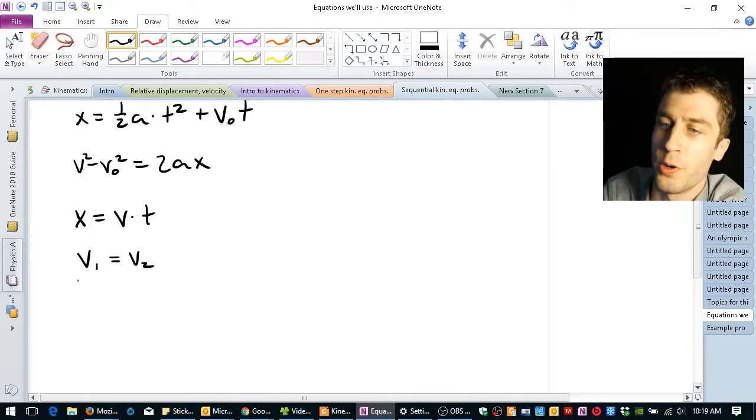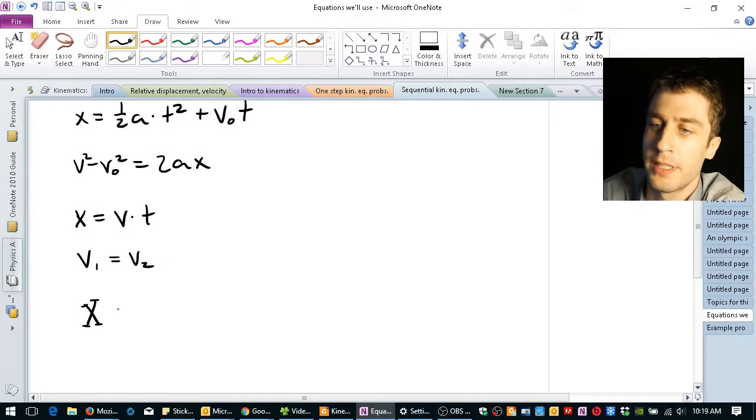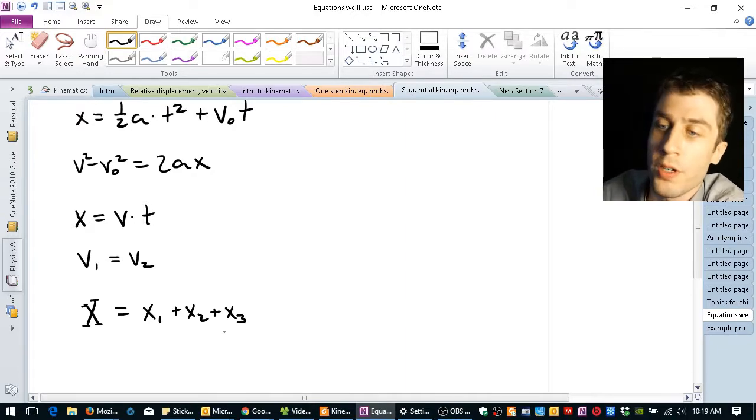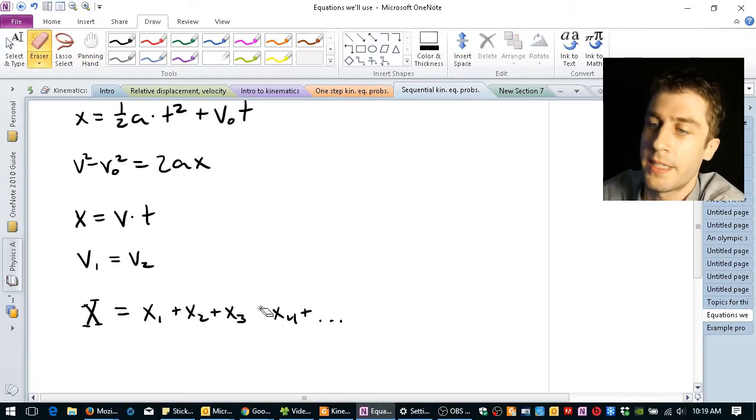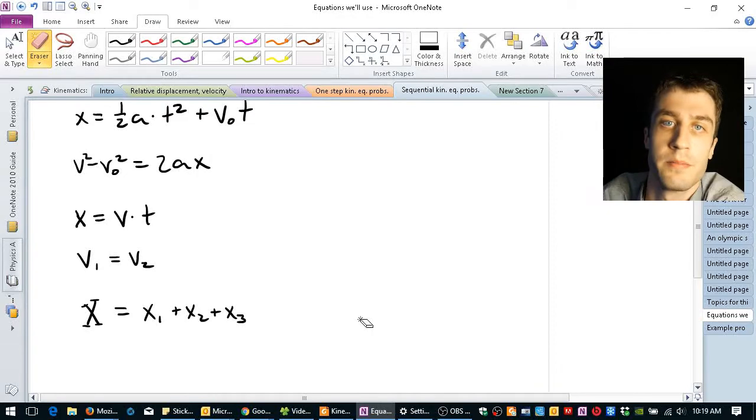Okay, only two more. Capital X, the total distance traveled, is equal to x1 plus x2 plus x3. If you have more terms, just add them on. But I'm just going to stop at x3 because it turns out that's what the sample problem we work on today is going to use.